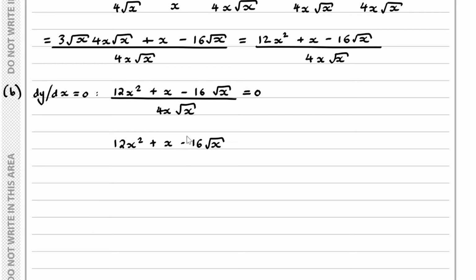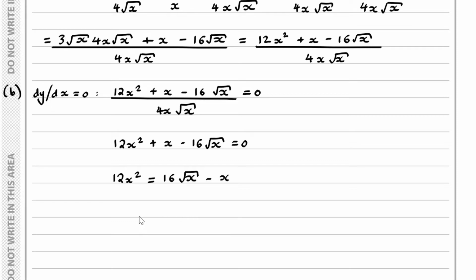Now, if we take this to the other side, we have 12x squared, which is equal to 16 root x minus x. And with this we can now divide by root x on both sides.